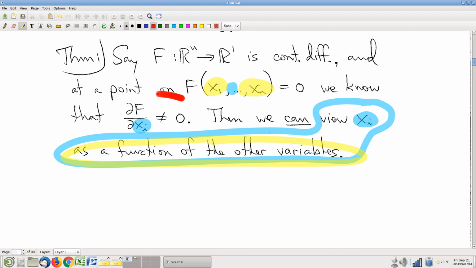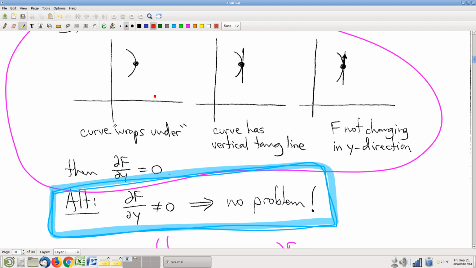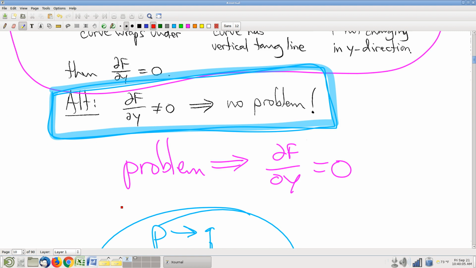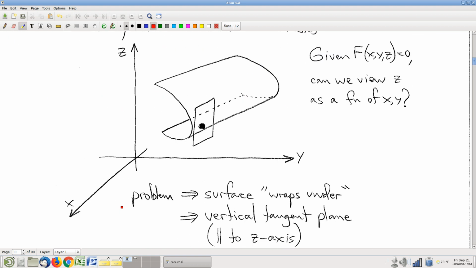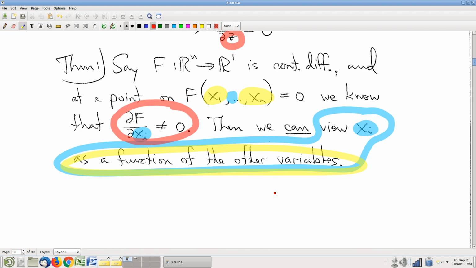Take the partial with respect to that variable, confirm that it's not 0, then that variable can be viewed as a function of the others. Okay, notice the pattern. If I want to view y as a function, take the partial of f with respect to y. If I want to view z as a function, take the partial with respect to z.